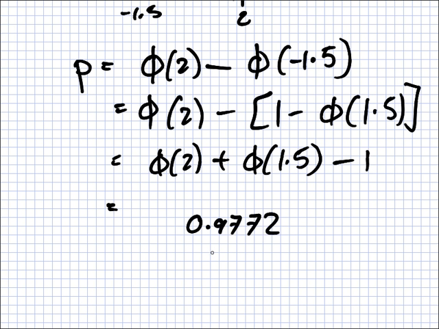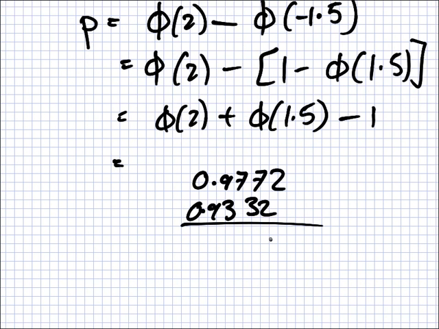If I look up 1.5, I get 0.9332. Adding them together and then minus 1, I get 0.9104. That's what you got too.